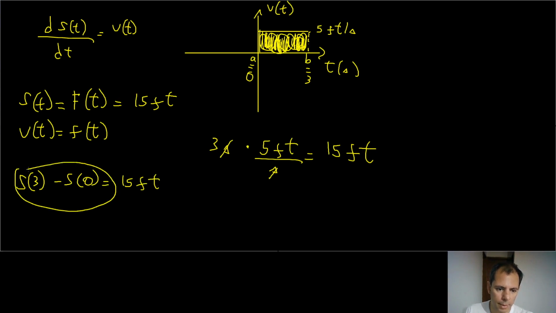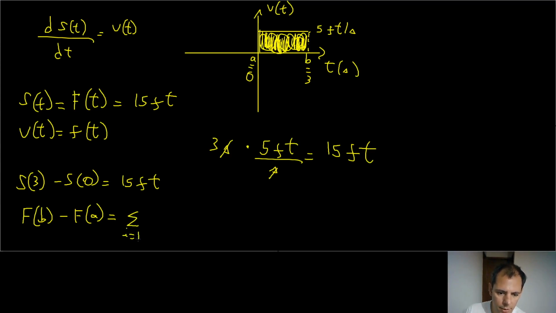Now look at this format, okay? What do you have in here? We have that the antiderivative at b minus the antiderivative, or the integration, at a is going to be equal to the summation of i equals 1 all the way to n of the derivative formula, which is f of t, times those infinitely small rectangles.